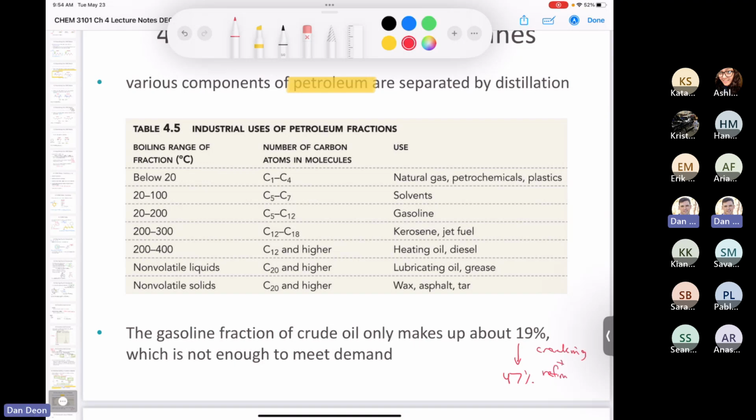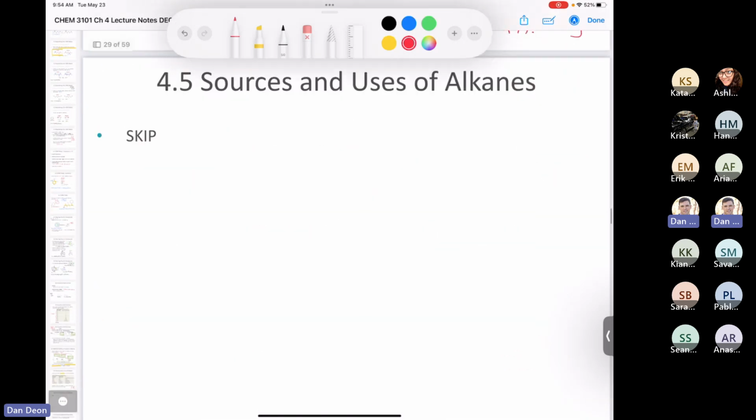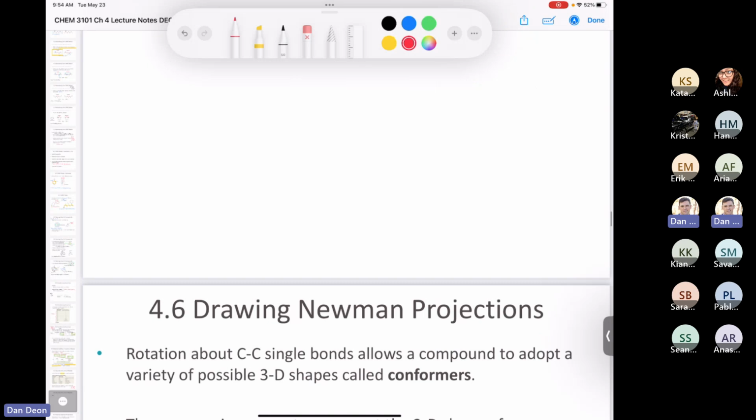I'm not going to cover those concepts, but if you want to read up on what cracking is and oil refining, I'll let you do that on your own time. I'm not going to go into any more detail about the sources and uses of alkanes. We'll leave the rest of that as an FYI, but I recommend reading the section in the textbook.